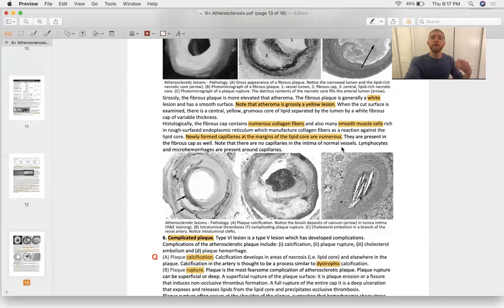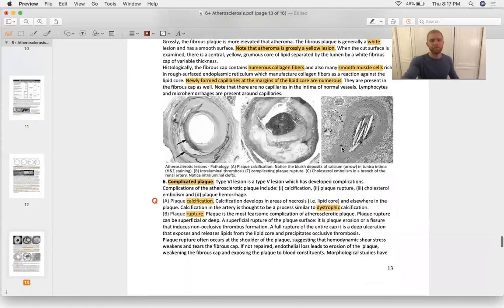And there are also many smooth muscle cells on the histology of a type 5 fibroatheroma lesion. And finally, something that separates a fibroatheroma from a regular atheroma is the development of capillaries at the margins of the lipid core. So the lipid core is in the middle, and then there's capillary growth around it in an attempt to perfuse that oxygen-deprived space.